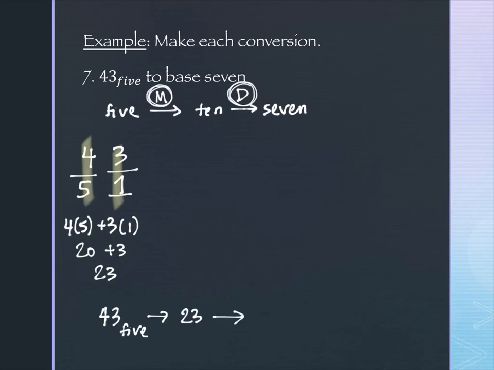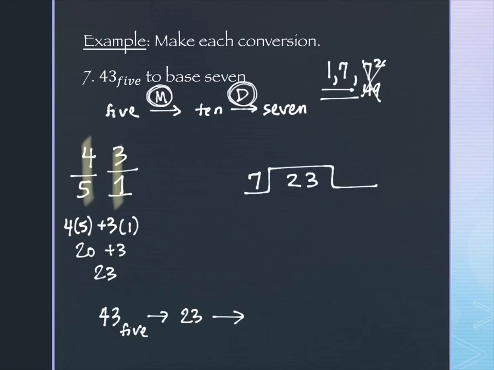And now I've got to turn 23 into a base 7 number. Okay, that means I need to know powers of 7. Well, there's the 1's place, there's the 7's place, and then I have 7 squared, which is 49, and bigger than 23. So I don't need the 7 squared or the 49's place. So I'm using division with the numbers 1 and 7. So I take 7 and divide it into 23.